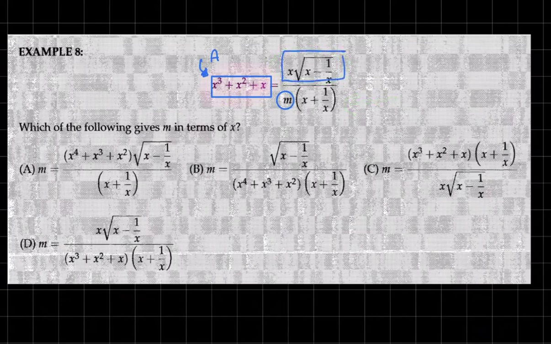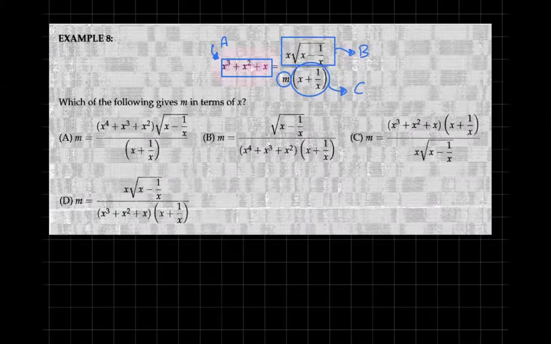And this expression to be, for example, equal B. And the other expression we have here in the denominator, x plus 1 over x, to be C. And write this equation as A equals B over M times C.